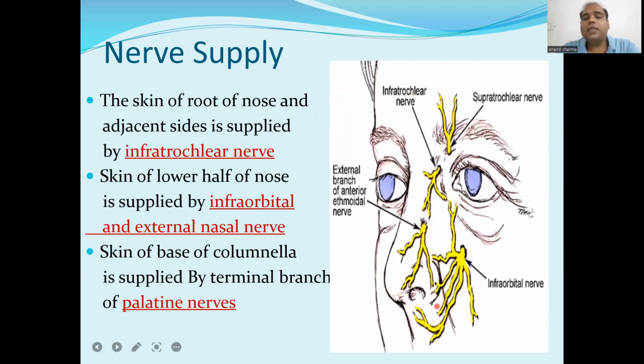This has an importance in clinical aspect, as if we go for surgery of nasal cavity under local with sedation, we should give local block to the anterior ethmoidal nerve as well as infraorbital nerve, so that when you manipulate the nasal cavity from externally, the patient is properly sedated and does not feel the pain.